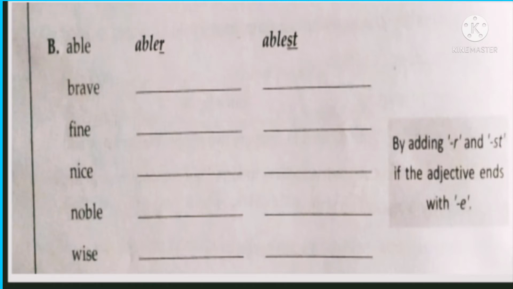Okay, so now look at the second adjective, that is brave. It also ends with E. So we will only add R to form the comparative degree and ST to form the superlative degree. So the comparative degree of the adjective brave will be braver and the superlative degree will be bravest.